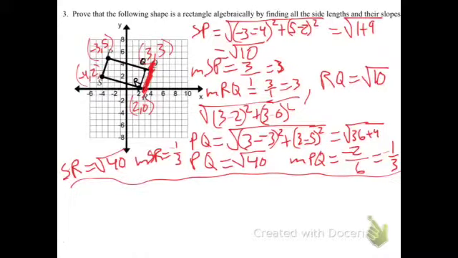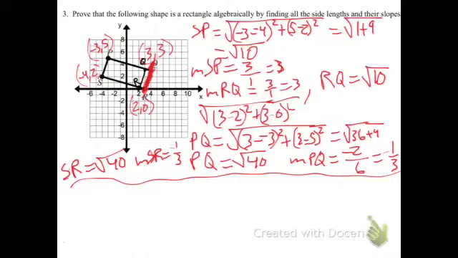Okay, so now we have our slopes and our side lengths. We can write up our little explanation on how we know it's a rectangle. So in order for your shape to be a rectangle, the opposite sides need to be the same length and parallel to each other, and they have to meet at right angles.